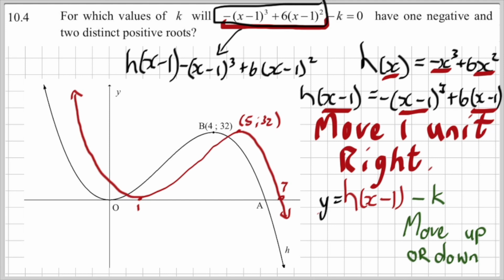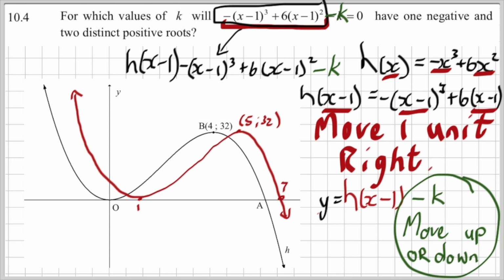So what I'm looking at now is the effect that this minus k has on the graph, this red graph that I drew. Well, it's a shift or a translation or a movement of the graph up or down.